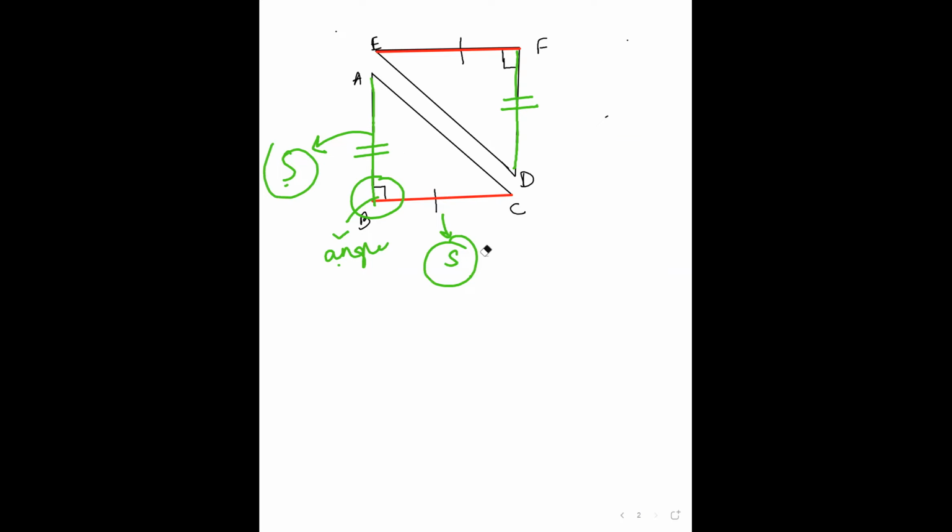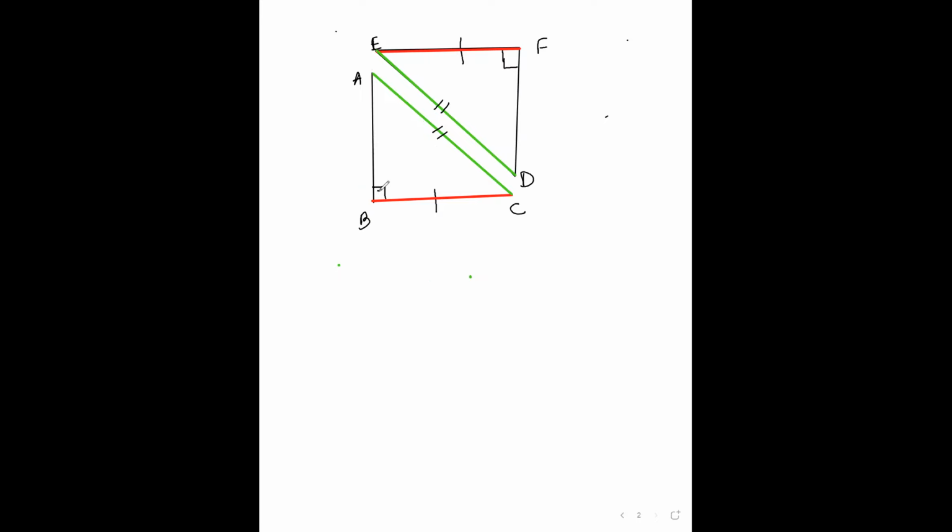But on the other hand, if it's given to you that it's a right angle triangle and the hypotenuse of both of these triangles are equal to each other, which means that this is equal to this, and one side is equal and the hypotenuse are equal, then this is called the RHS rule.